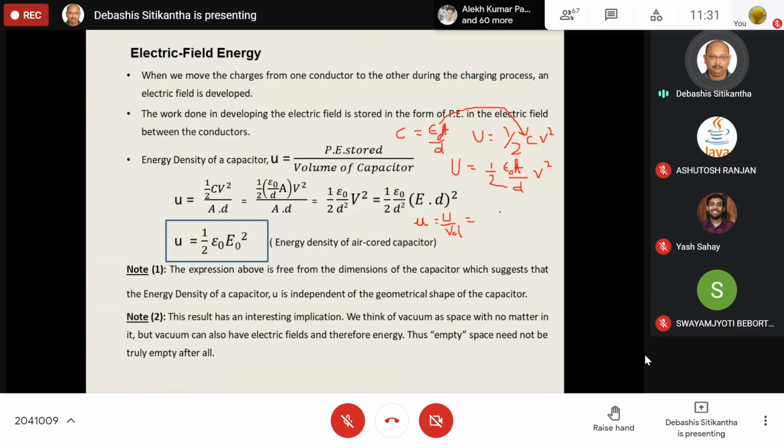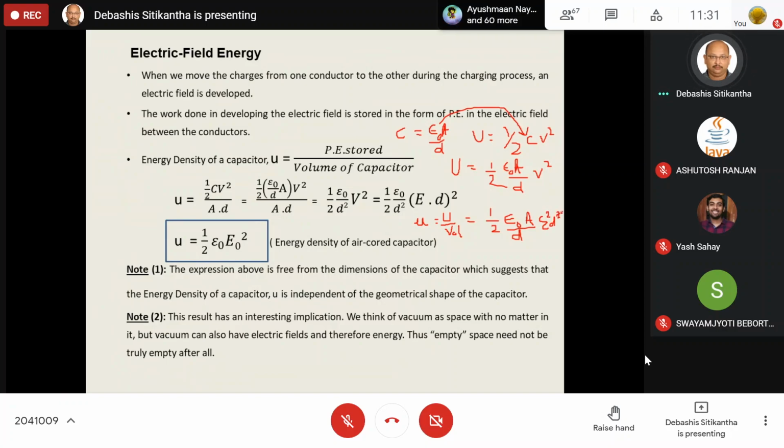So over here, I will write it as half epsilon 0 A by D. Now in place of V, I can also write it as, because V is equal to E0 D. So in place of V square, I will write it as E square D square.